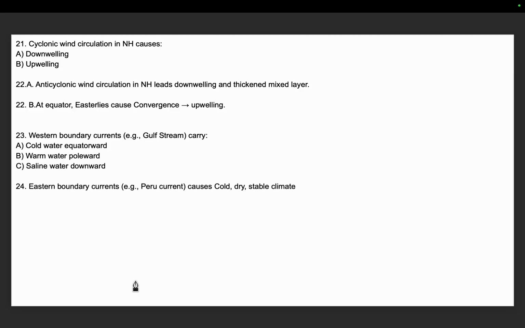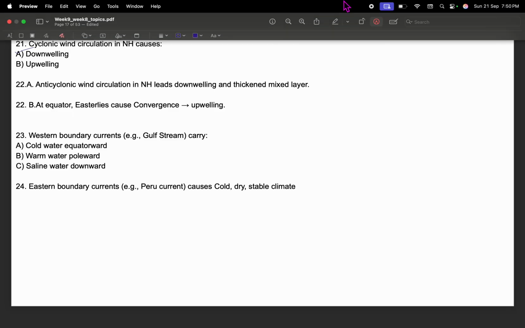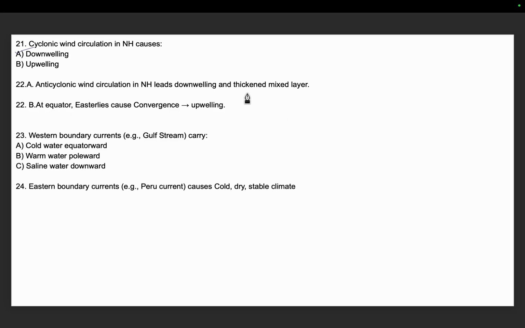Question 21: cyclonic wind circulation in the northern hemisphere causes what? Downwelling, upwelling, what? Downwelling. Yes, question 21, option A is correct. Question 22A: anticyclonic wind circulation in the northern hemisphere leads to downwelling and thickened mixed layer. False.